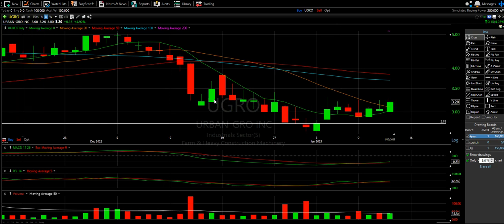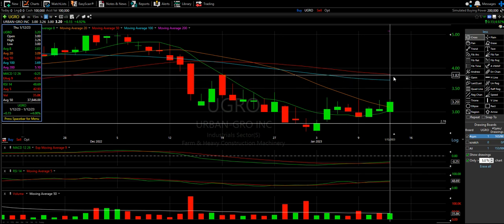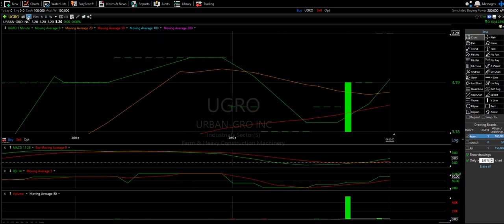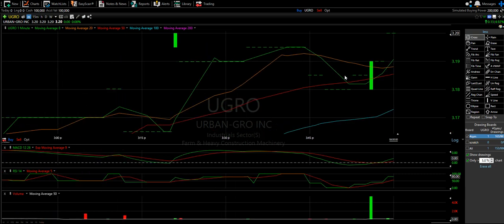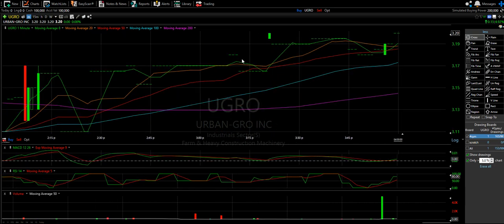So this one's not as red, but technically speaking, if we actually did take the 20, there's a lot of good reason to believe that we're coming all the way up to this 150 right here, give or take 375. I think that could be a good number here, but not as red as I'd like. Super low volume, and you can see it on the minute, right? Look at this thing. There's only really a couple movements that actually make this thing go up, right?